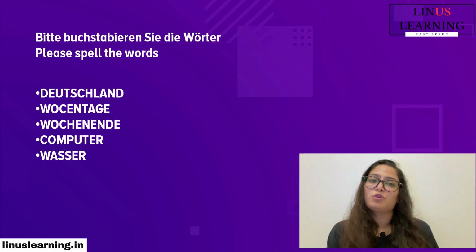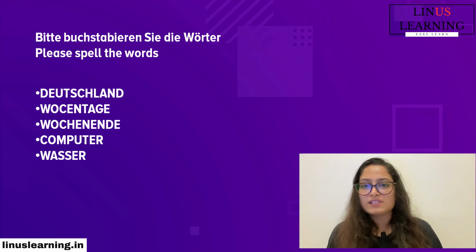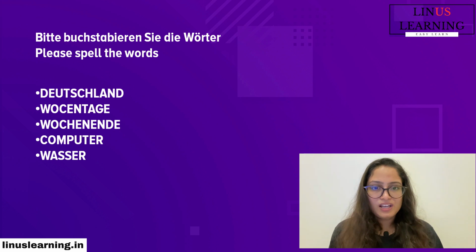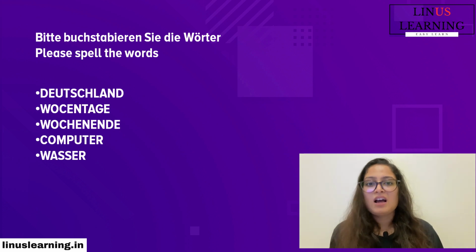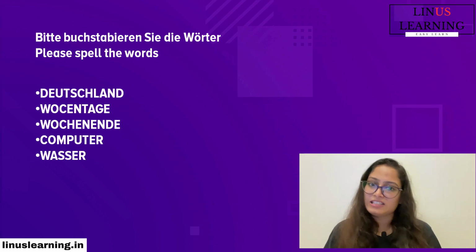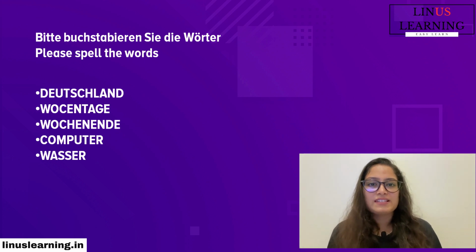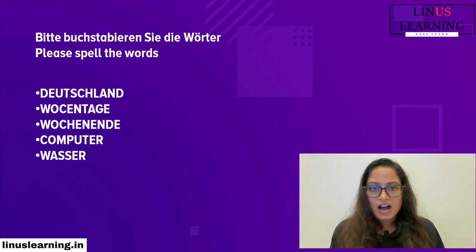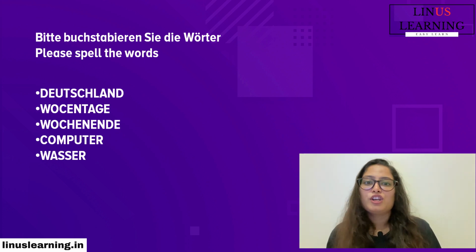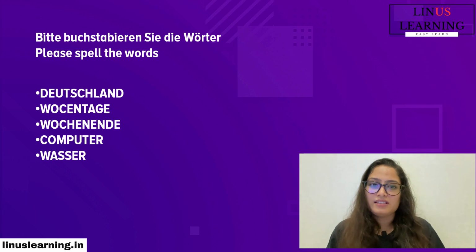If I ask you, bitte buchstabieren Sie Deutschland, you will say D, E, U, T, S, C, ha, l, a, n, day. Okay. One more example, if I say bitte buchstabieren Sie Diksha jain, you will say D, E, K, S, H, A, J, A, E, N. That's the spelling of my name.